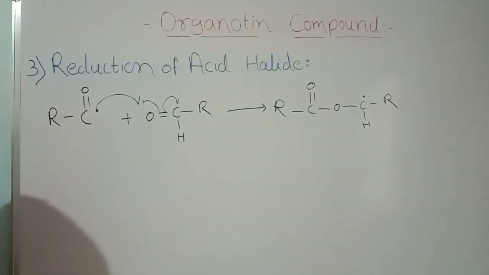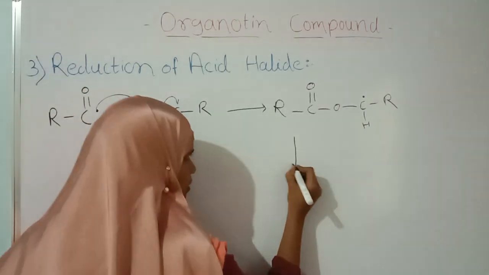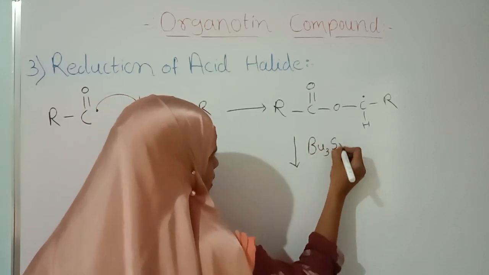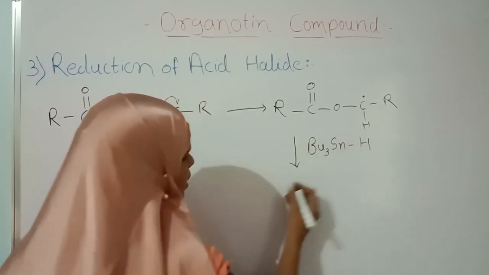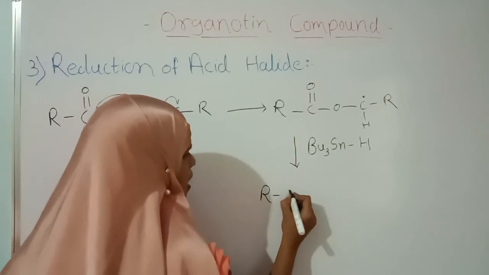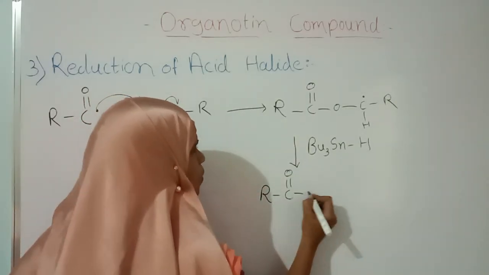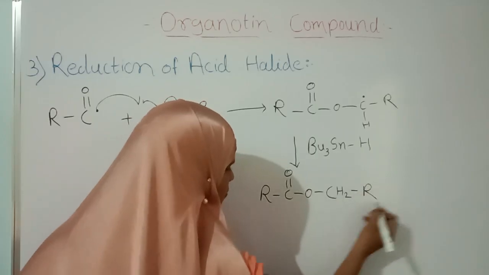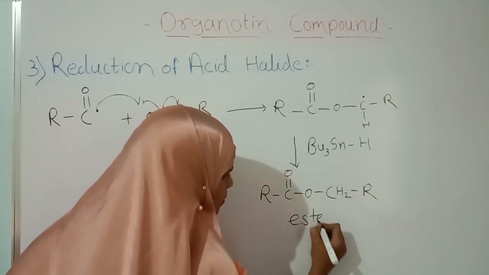Okay, we get this type of species, and again this species is treated with tributyl tin hydride. Then we get RC double bond O, CH2R. We get ester.